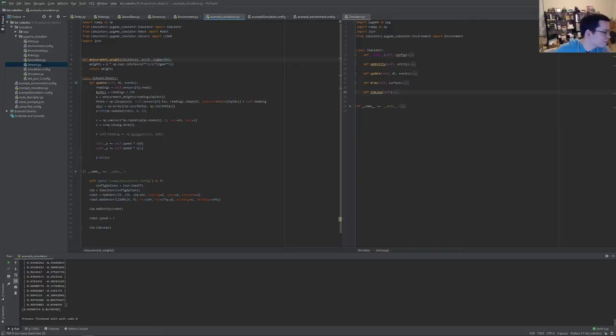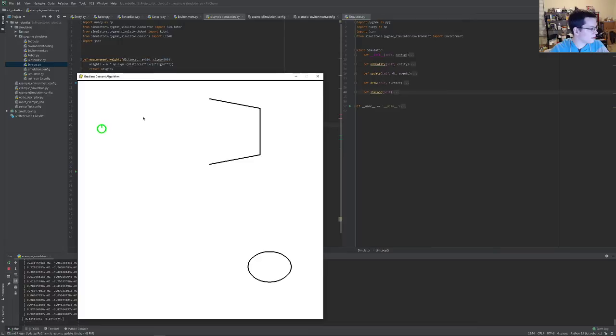The other, maybe the last thing, we need to do that. Okay. So this should behave more or less like a marble.